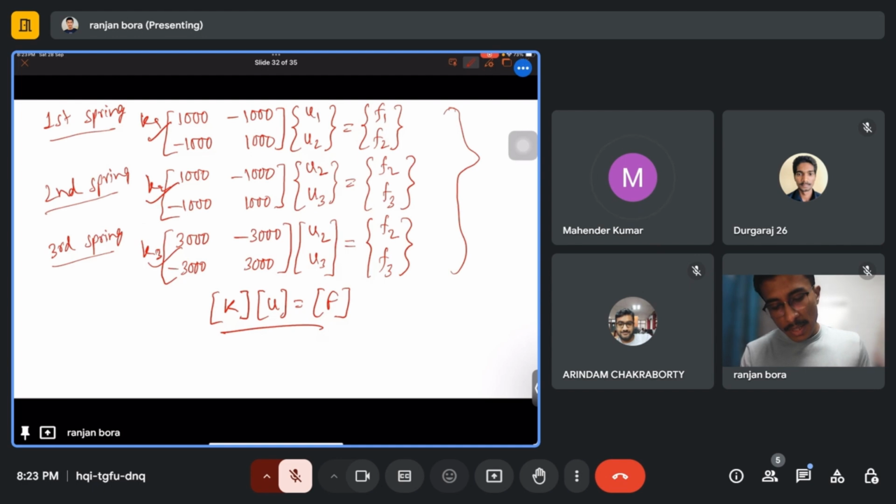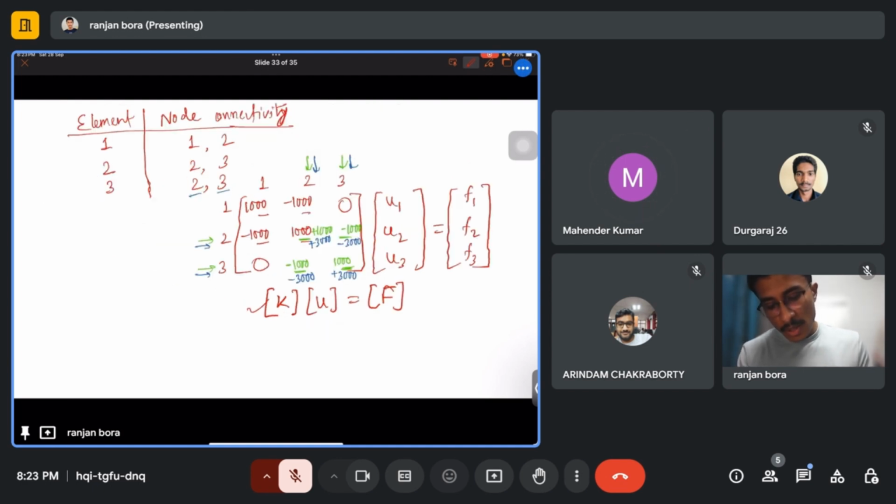So in the global matrix, we position the node numbers with the row numbers. For the first element, the node connectivity was 1 and 2, so we'll put the element level stiffness matrix for the first element in its corresponding positions with respect to 1 and 2.